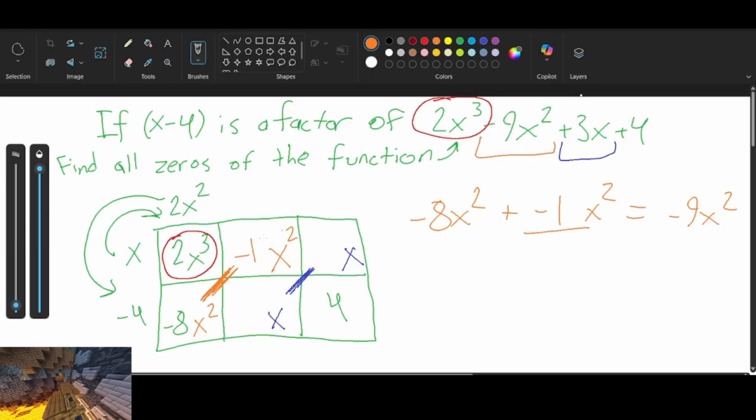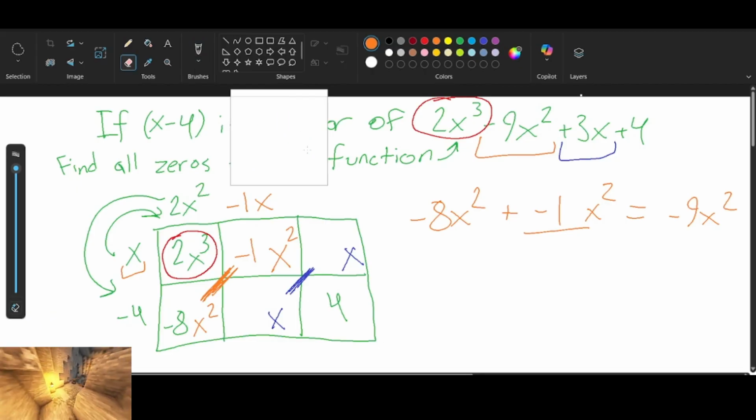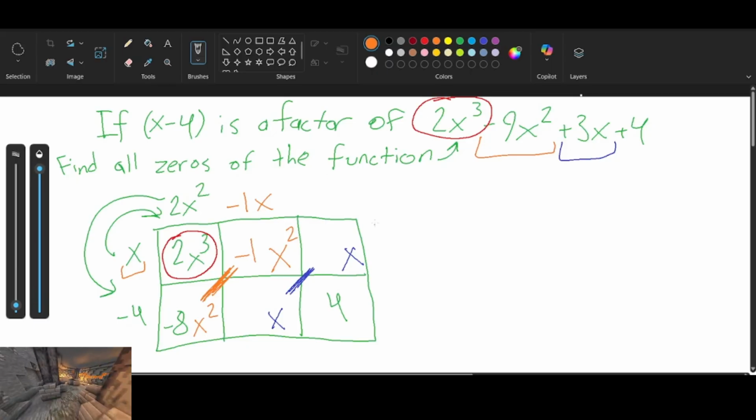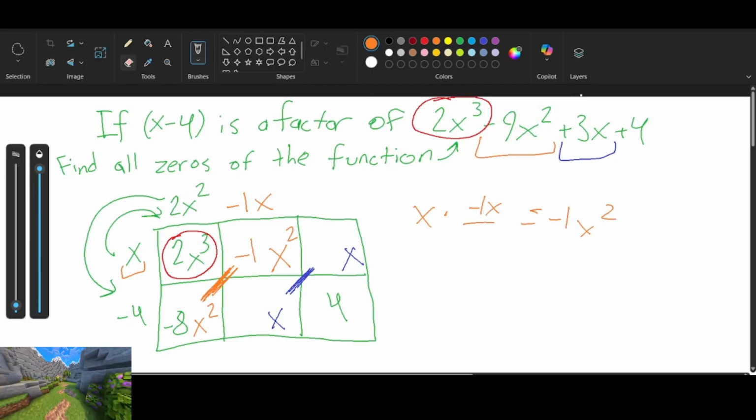In order for that to be a negative 1x squared in the box, I know that this x times a negative 1x would give me negative 1x squared. Again, I could write that in an equation, like x times what gives me negative 1x squared. That's just negative 1x, right?